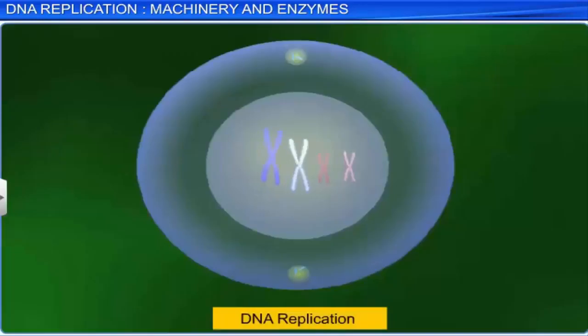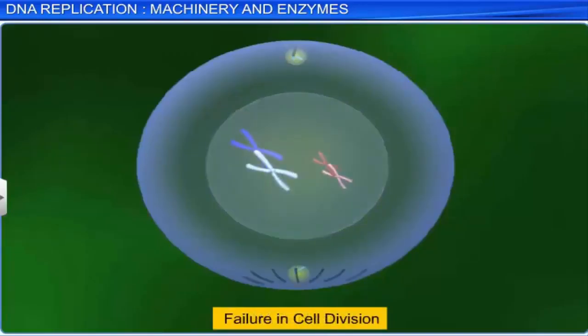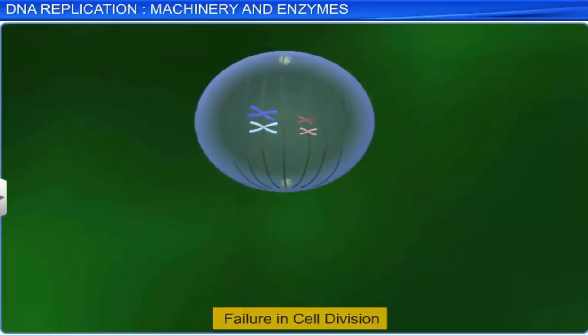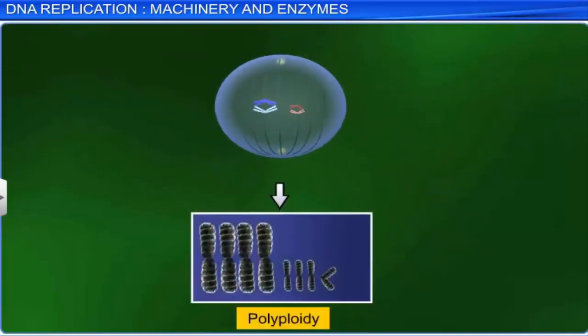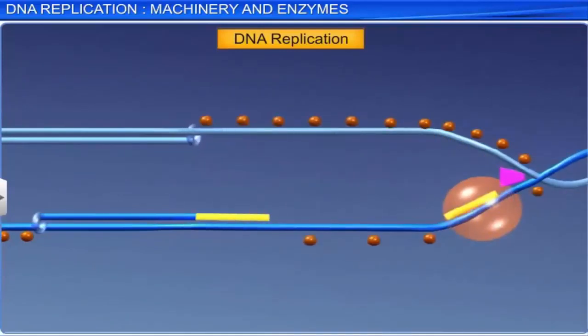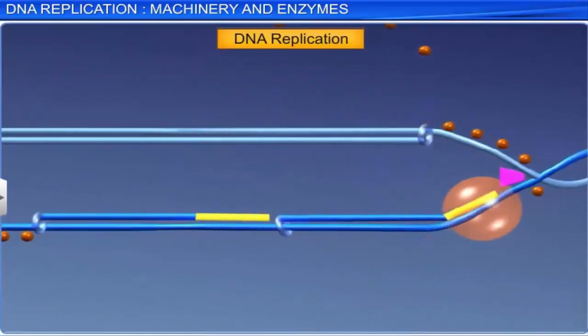For example, a failure in cell division after DNA replication results in an inheritance disorder such as polyploidy. Therefore, the process of DNA replication, which is the basis of biological inheritance, is conducted with accuracy with the help of various enzymes in a determined manner.